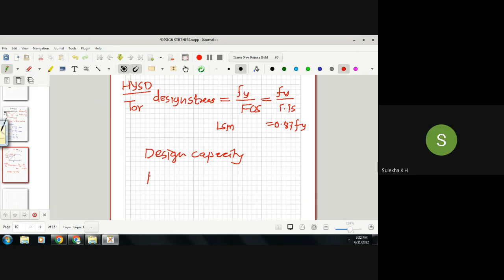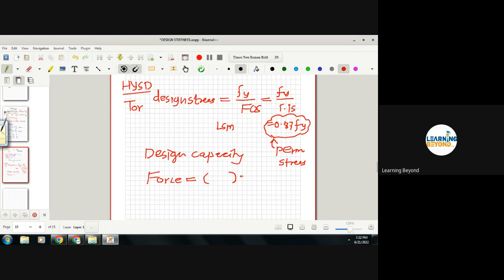Force is nothing but design stress into area.